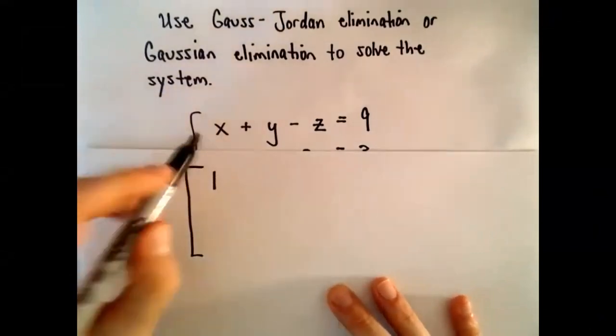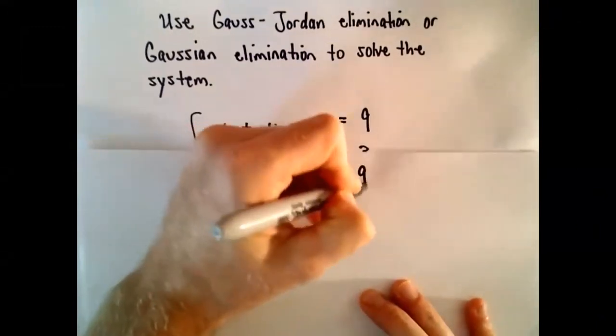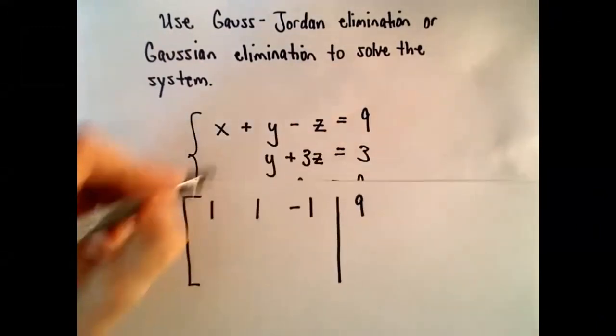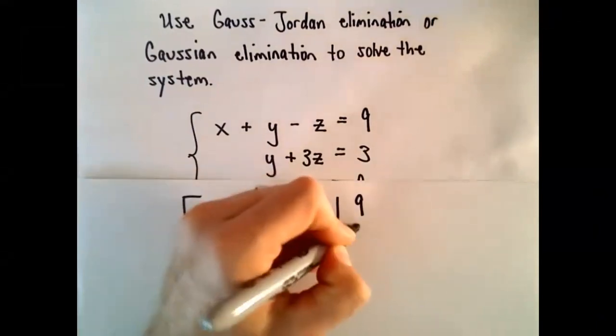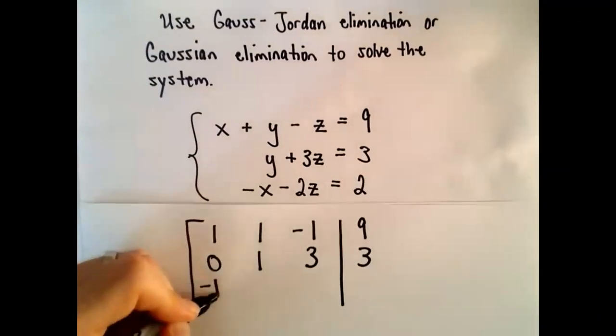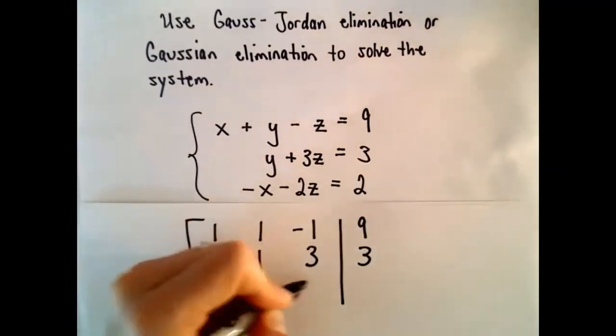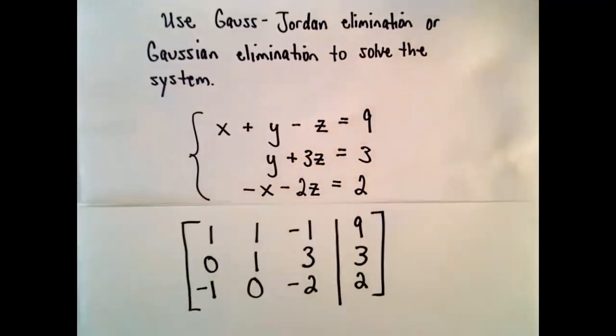From the first row, our coefficients are positive 1, 1, negative 1, and my constant is 9. Our second row, we have 0x, 1y, 3z, and our constant is 3. And from our last row, we have negative 1x, 0y, negative 2z, and our constant is positive 2.